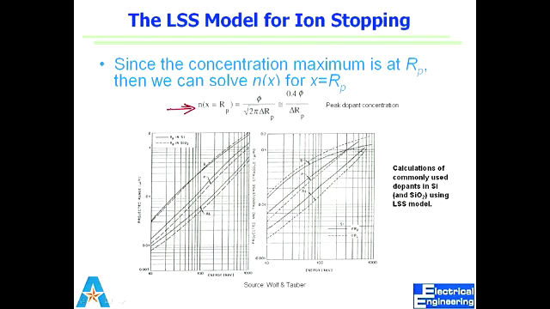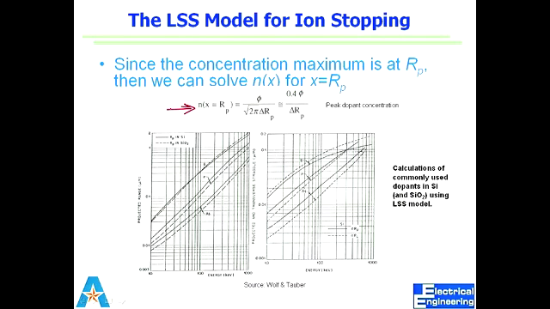Now, why 0.4 Q or P? If you remember that relationship, that's where the maximum will occur, 0.4 of Q.